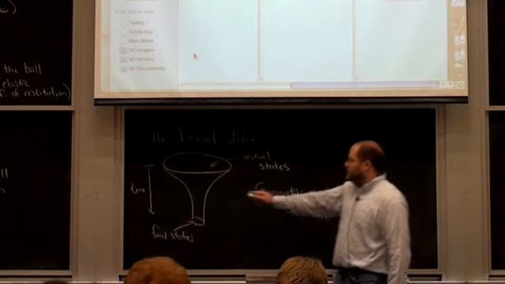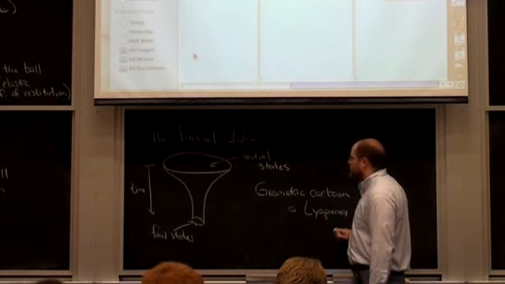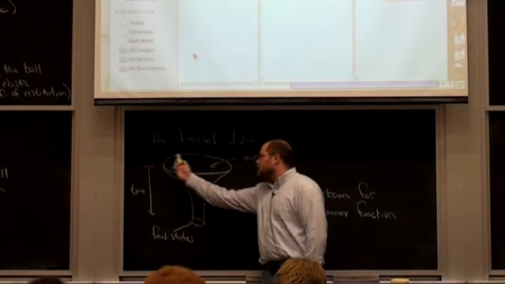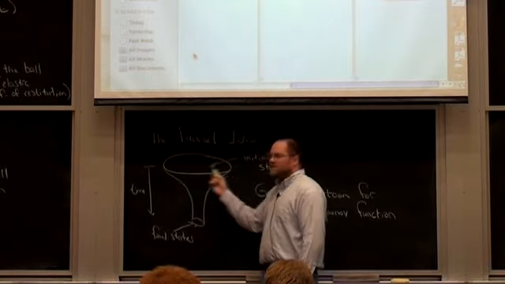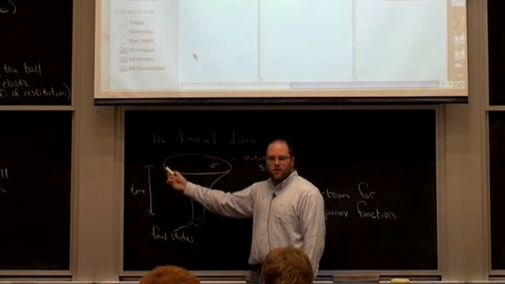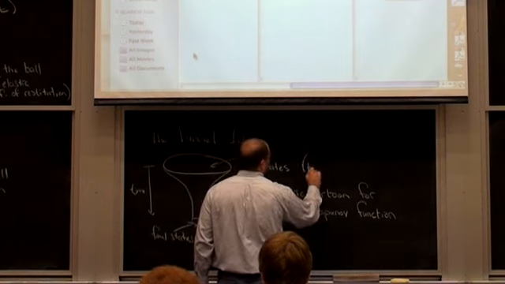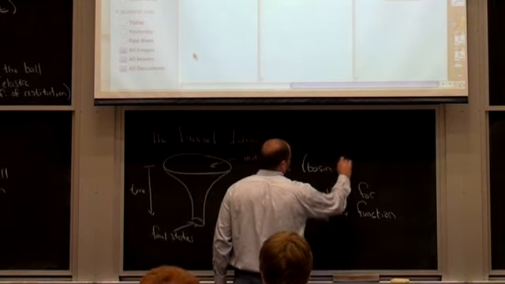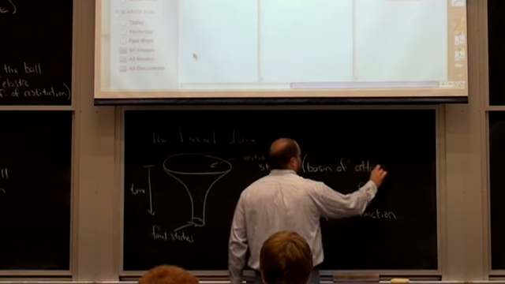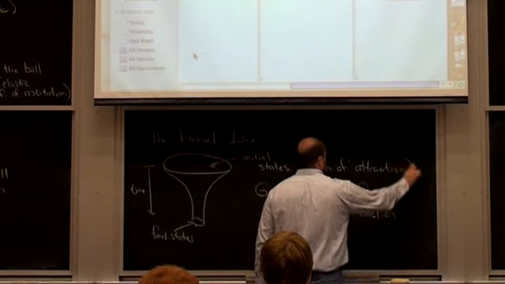Experimentally, you can also find these things, even if you can't do the Lyapunov function. Experimentally, this input is basically the basin of attraction of my controller, right?